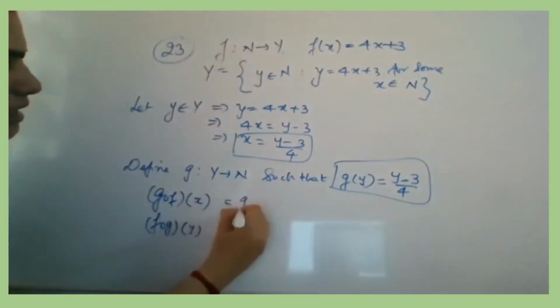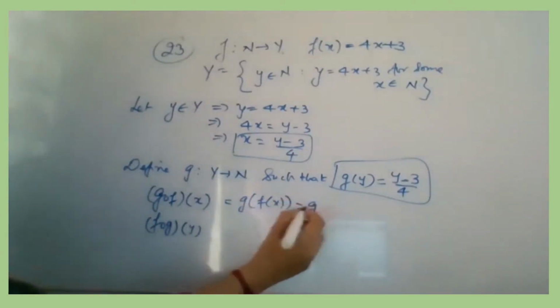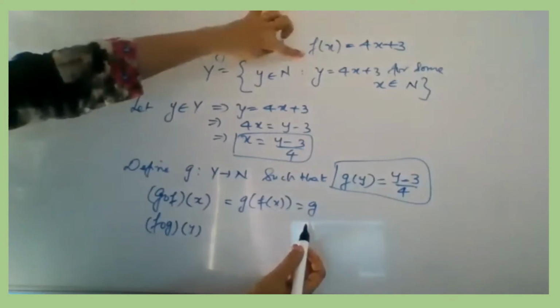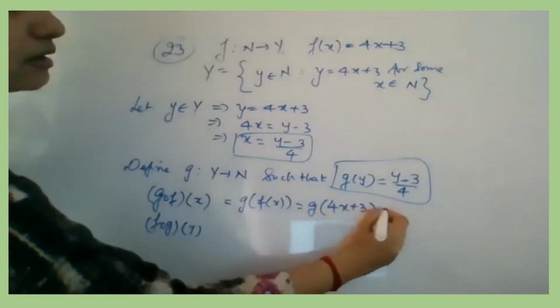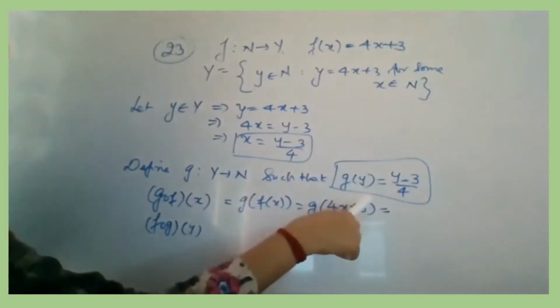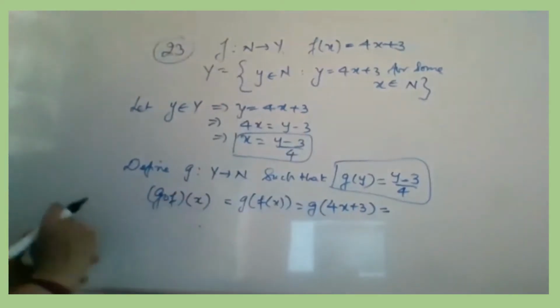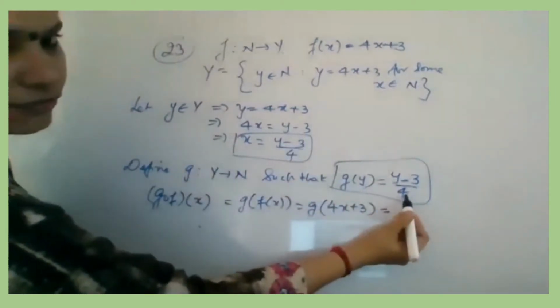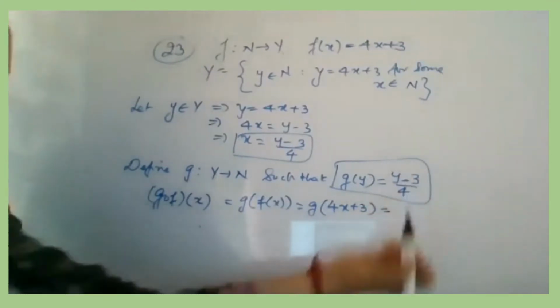Now we are applying g composition f of x, which is g of f of x. What is f of x? F of x is 4x plus 3. We get g of 4x plus 3. Now g of 4x plus 3 means, in g of y, you have to see how to apply it. G of y means y minus 3 by 4. That means instead of y I have this term, then minus 3, divided by 4.